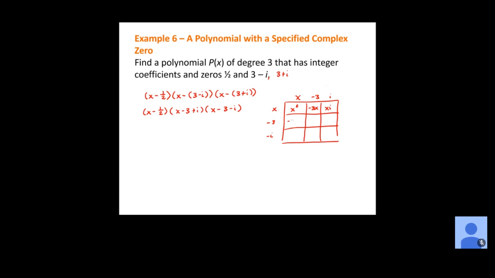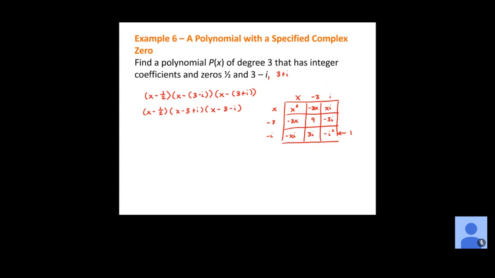Next line here is going to be negative 3x, positive 9, negative 3i. And then our last line, negative xi, positive 3i, and negative i squared. Now remember, i squared is equal to negative 1. So this value right here is actually going to become a positive 1. So we have a negative 1 this time.